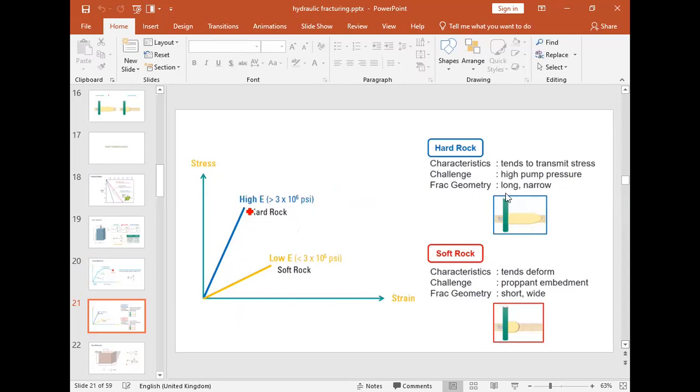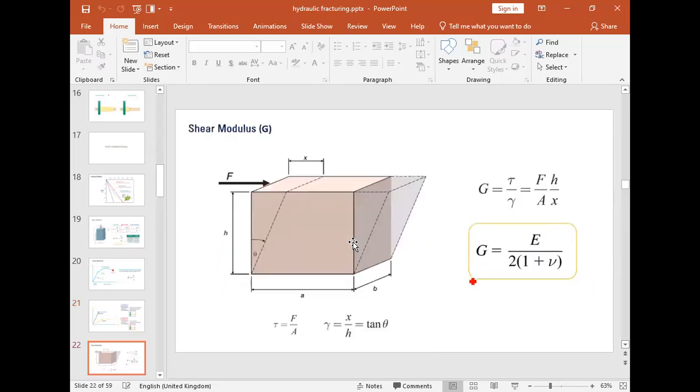Yeah, we say it tends to transmit stress, high pump pressure, long, narrow. So the fracture geometry is long and narrow, while this one is short and wide. So I've already explained this. So this is the regime for a hard rock and a soft rock.